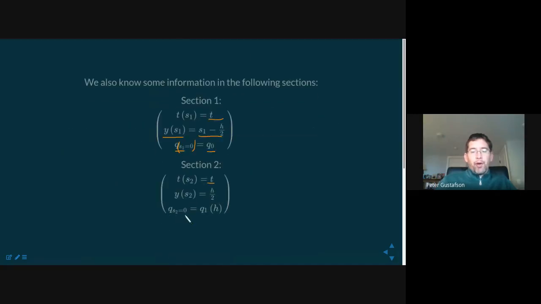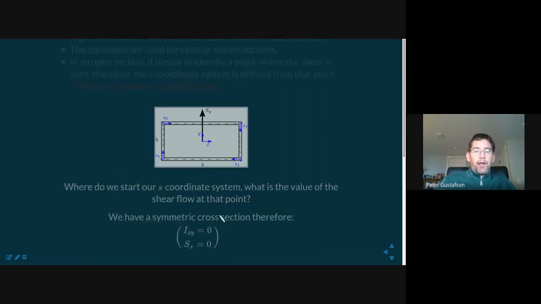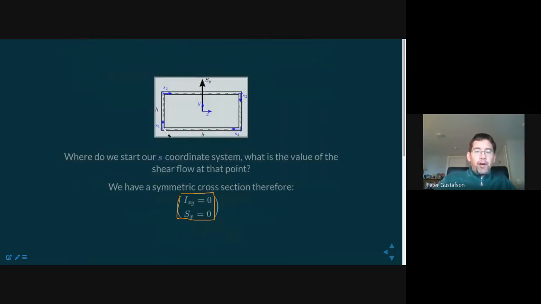And the magnitude of the initial constant, the boundary condition at the origin of the coordinate system, we don't know what it is, but we do know that there's this shear flow continuity, meaning that the value of q1, the q that is calculated from this stuff, evaluated at the position h, is going to be the boundary. So as we calculate q starting here and moving up to here, it has a value here. That is the starting value for the next segment.